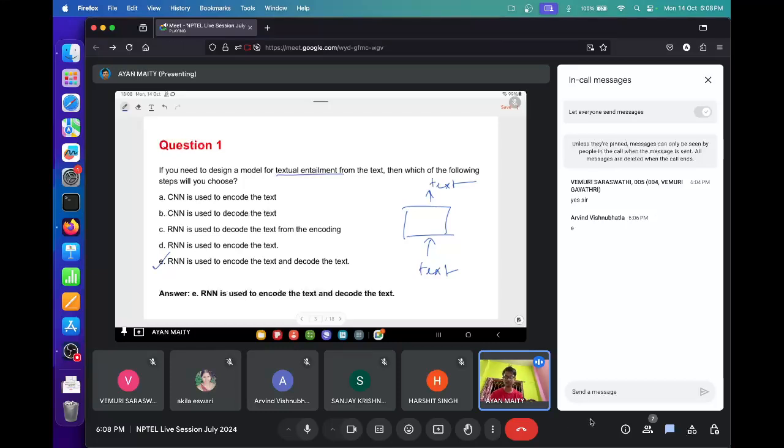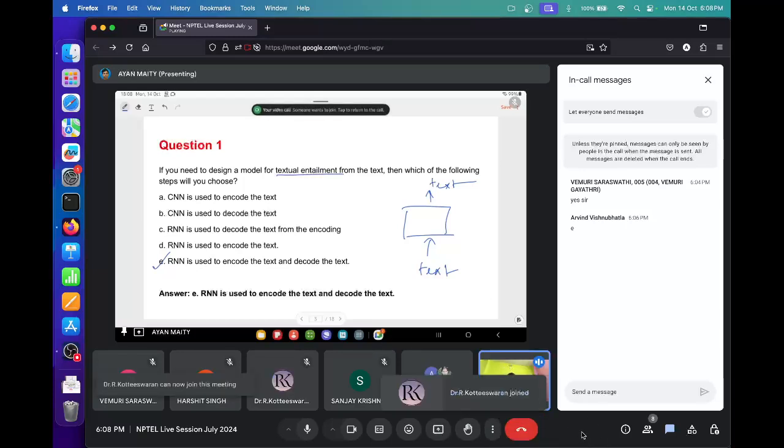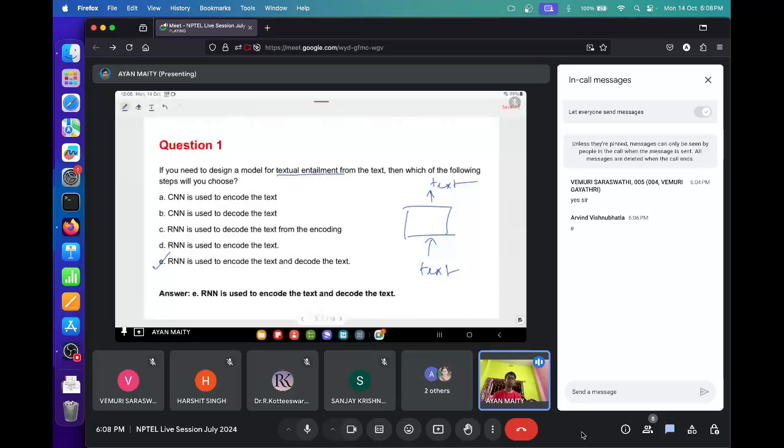CNN cannot process the text data properly because it is a sequential input data, and the output is also text data. So the output should also come from RNN, so the decoder should also contain RNN. That's why RNN is used to both encode the text and decode the text data here. So option E is the correct answer.